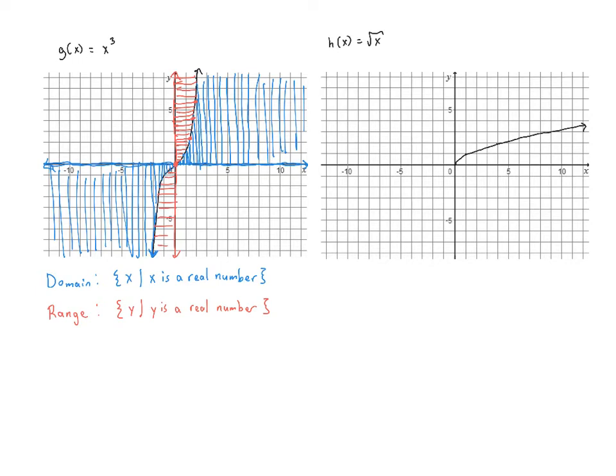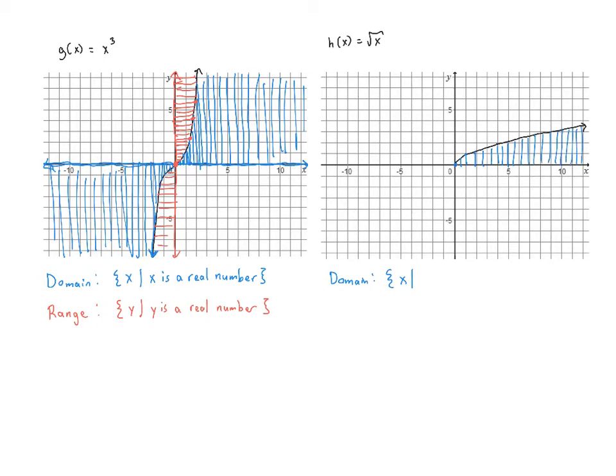Let's take a look at the other function now, h of x equals the square root of x, because the domain and range here will be different from what we saw in the previous example. Let's start with the domain. Remember, this is the set of x values. So if we look at our graph and we project the points onto the x-axis, we can see pretty easily that we're going to get all the positive values.